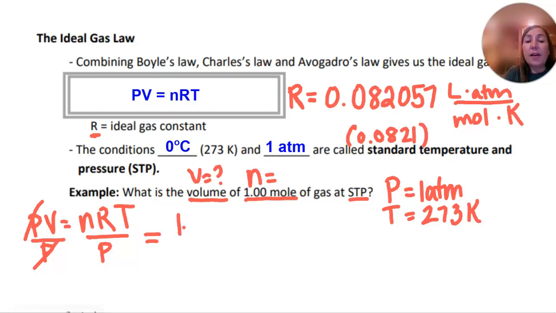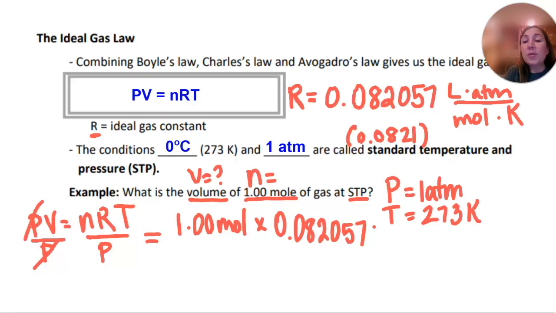Well, our n was 1 mole. We know R is 0.0820057. I like to include all of its units. I really suggest that you write down liter atmosphere over mole Kelvin because we're going to cancel out the units we don't need.